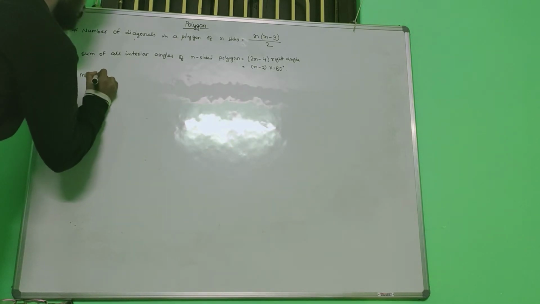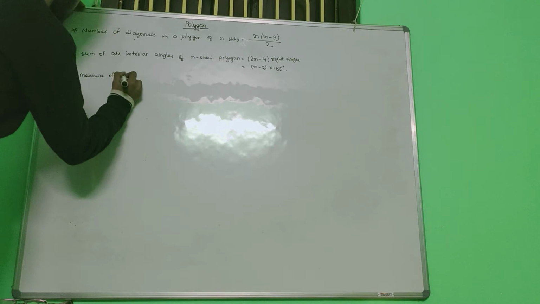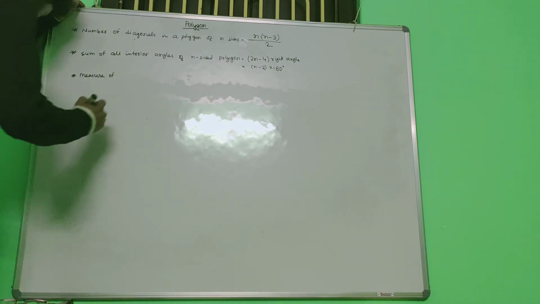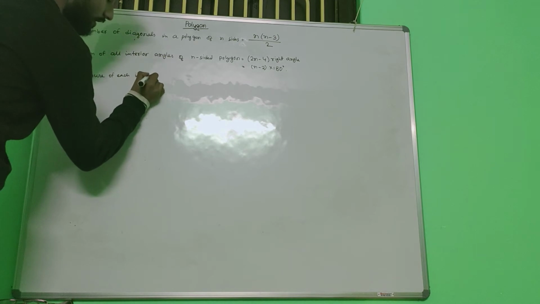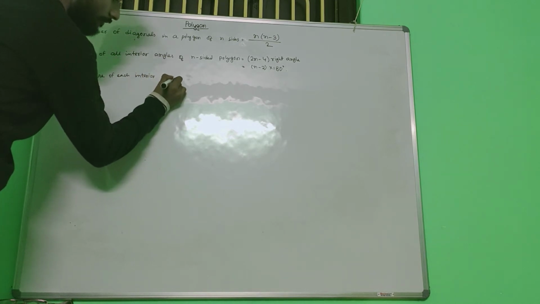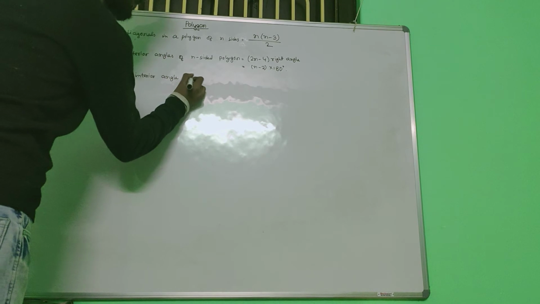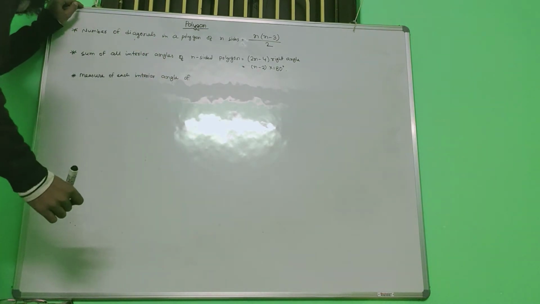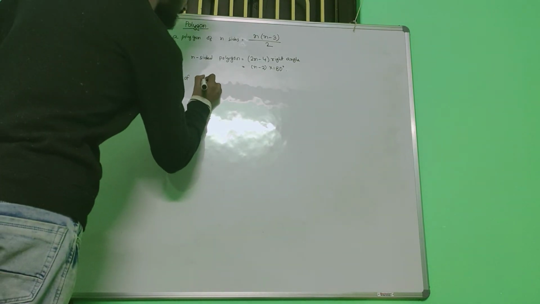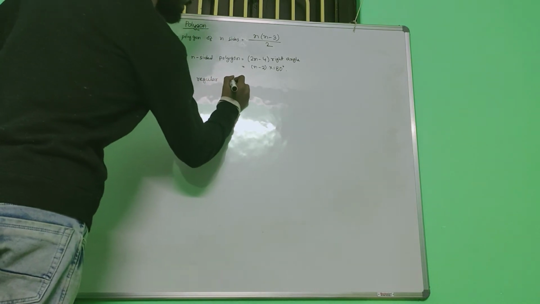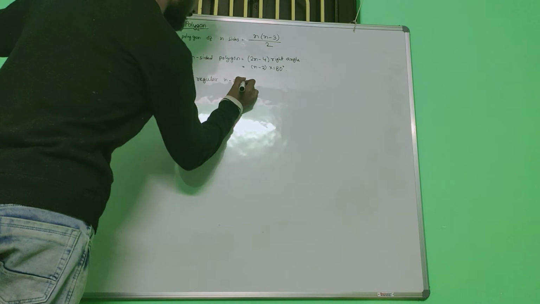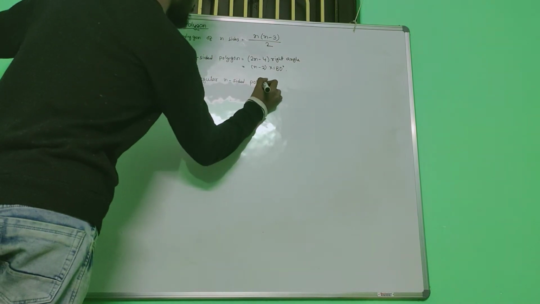Then the measure of each interior angle of a regular n-sided polygon.